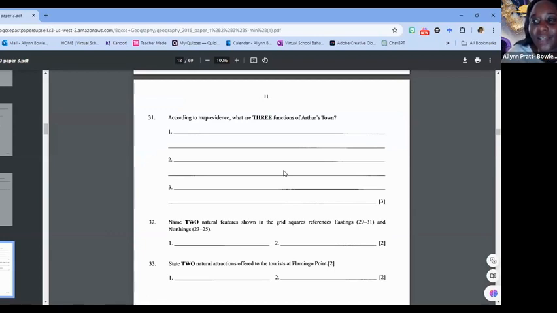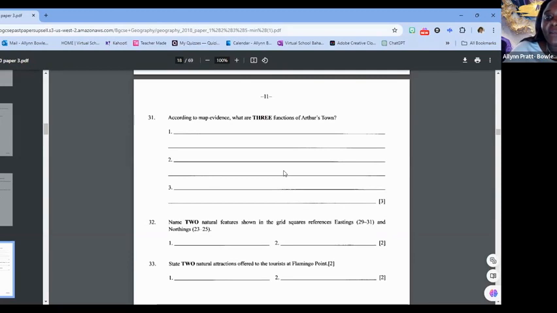So if a question like that is given, they want you to analyze the map. You need to identify where Arthur's Town is, look to see what type of buildings are there, if there's schools, if there are houses, if there's farms, if there's an ocean, if there's a lake. And if there are certain features on that map, then it'll be able to tell you what that settlement's purpose is.